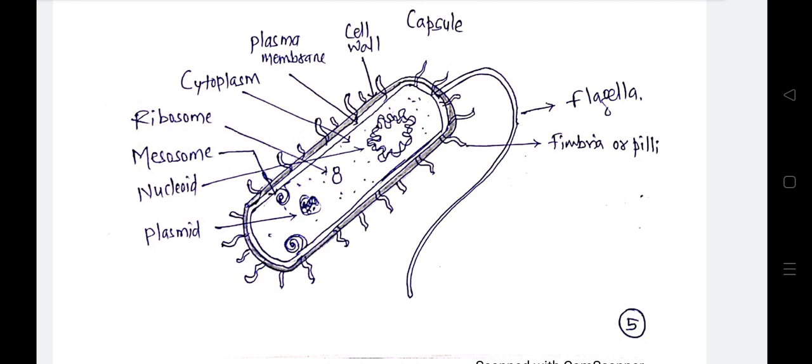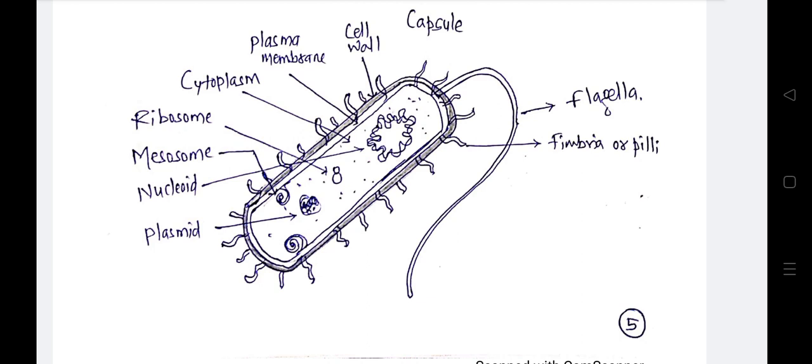In non-polar bacteria, the total body is covered with flagella, which is called peritrichous flagella. That is present in Clostridium. Now let's see the examples.